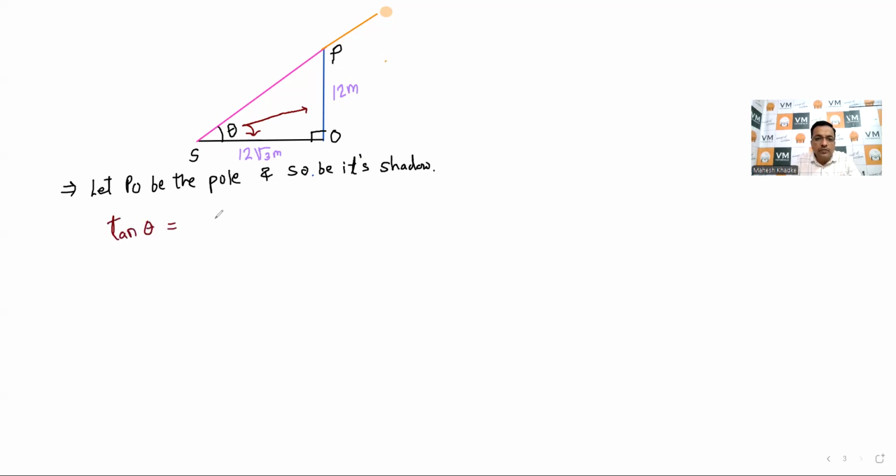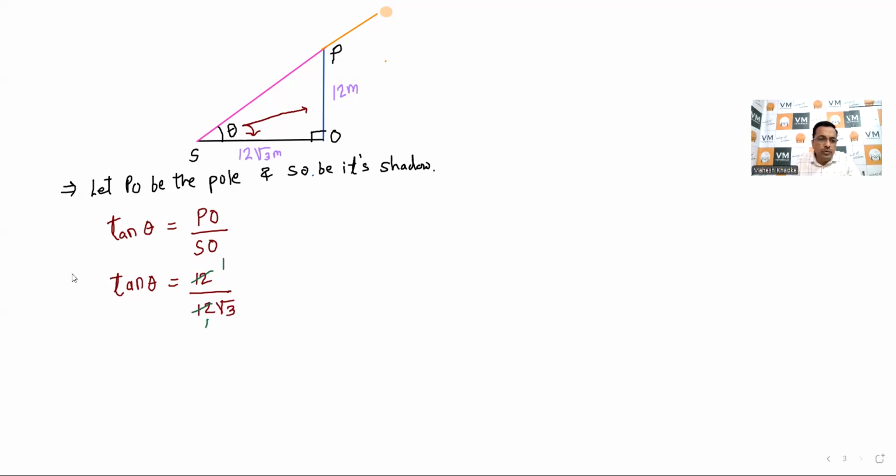theta is equal to opposite side, that is PO, upon adjacent side, that is SO. So tan theta, the value of this is 12, the value of this one is 12 root 3. Now न्यूमरेटर एंड डिनोमिनेटर में 12 है, सो 12 वन जा 12 वन जा.